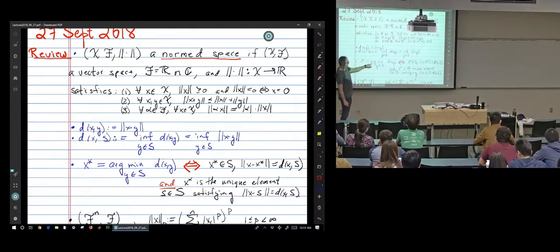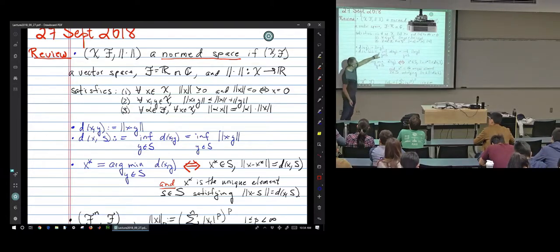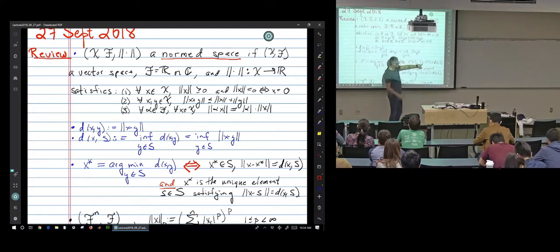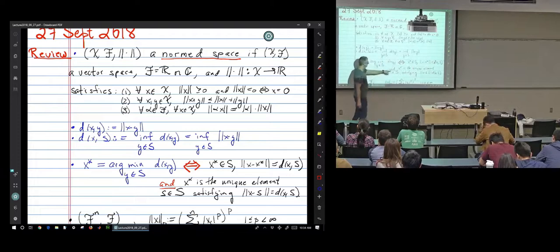But the problem is it comes with some understandings that people sometimes sweep under the rug. So when I say this, first of all, the solution to my minimum distance or best approximation problem must be in the set that I was talking about. That's easy. But it also needs to be a solution of this problem, and there can't be another one. It has to be unique.